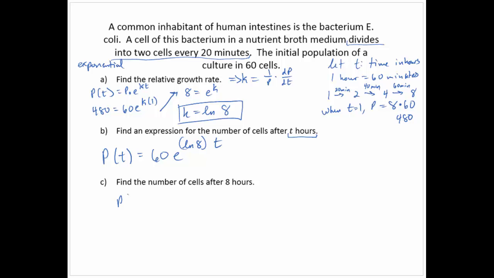Well, then P of 8 would be 60 e to the natural log of 8 times 8. And we use a calculator for this, and we get approximately 1.00646 times 10 to the 9th. And so that's just some really large number. That's about a billion.